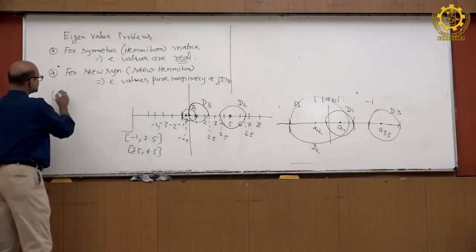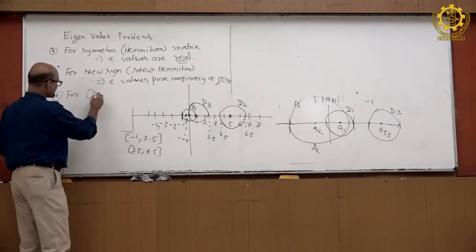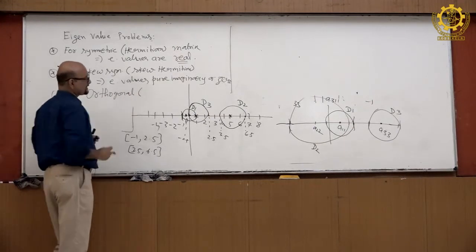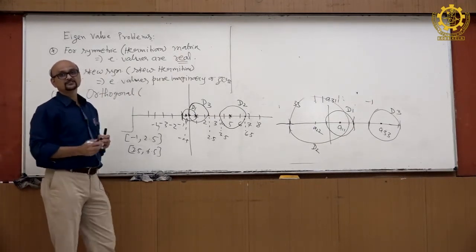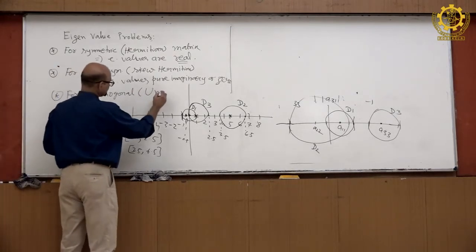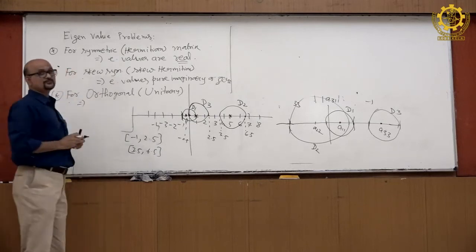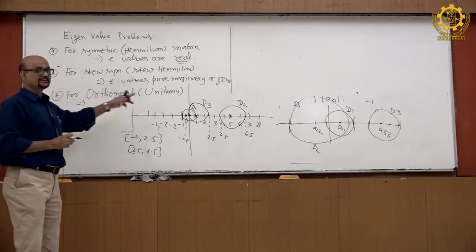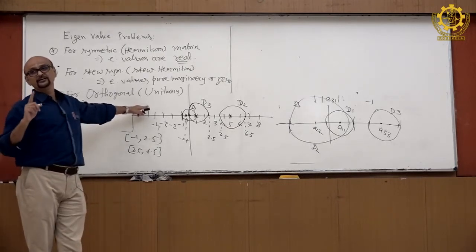Third type is for orthogonal matrix, and in complex it is unitary. Here the eigenvalues will be what? Here if you find the eigenvalues, then the absolute values of those eigenvalues will be unity.